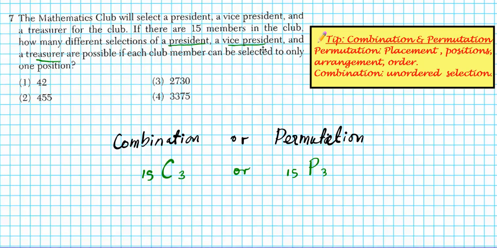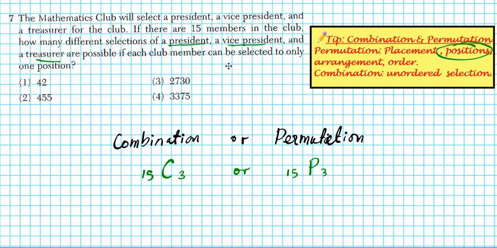What can we call these titles? These are positions. So when you're selecting and placing your selections in a position, there is a certain order going on there. You can see the president is the first, vice president is the second, treasurer is the third. So is this combination or permutation?